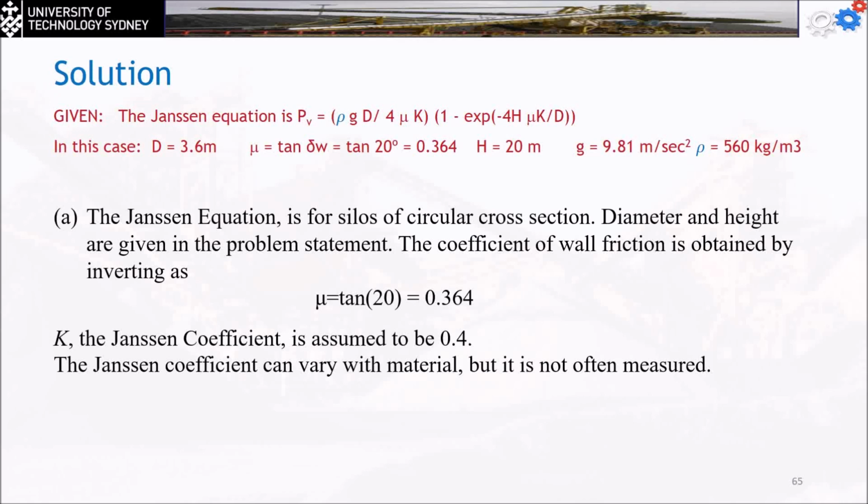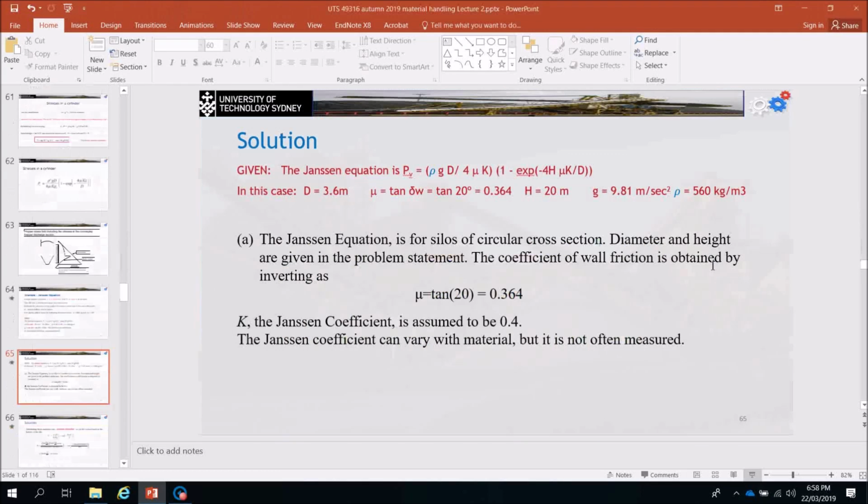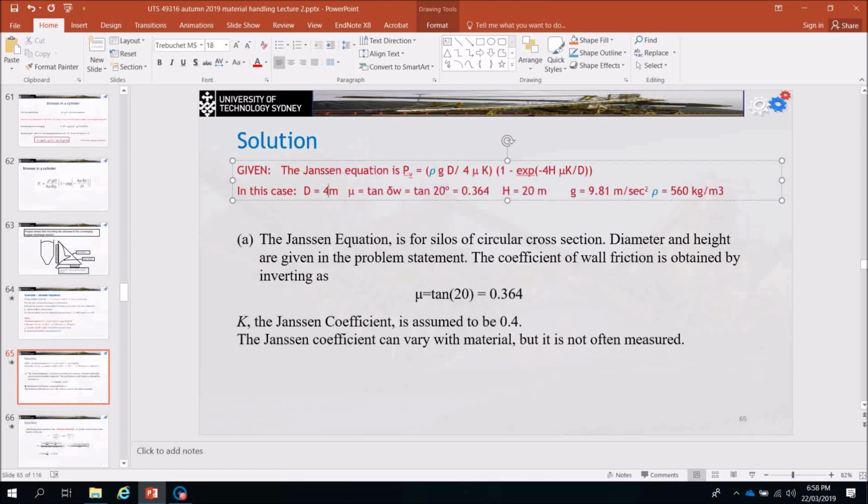This D is from last year's example. Okay, so I will hide that. Yeah, K is 0.4. And I will show you the answer.